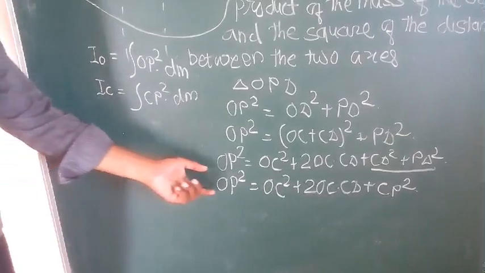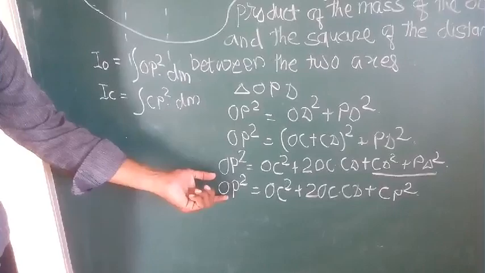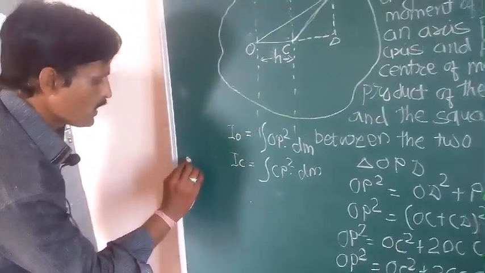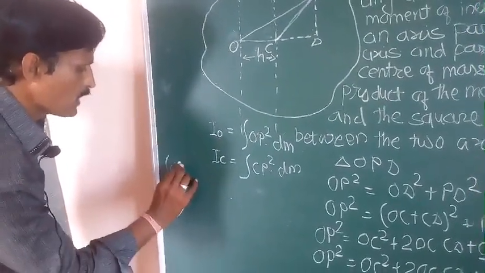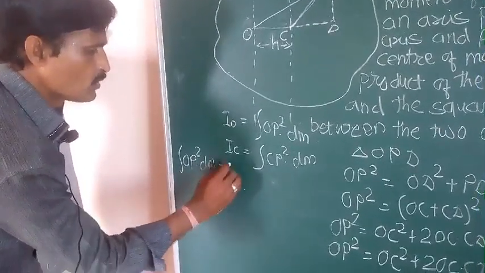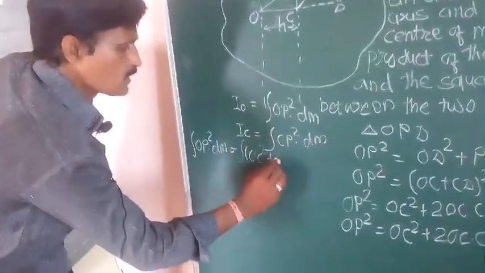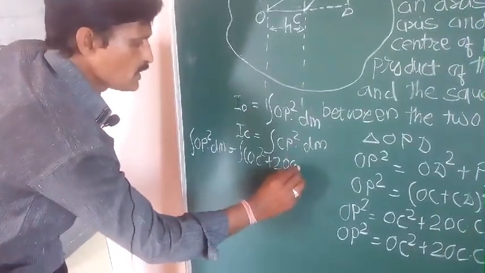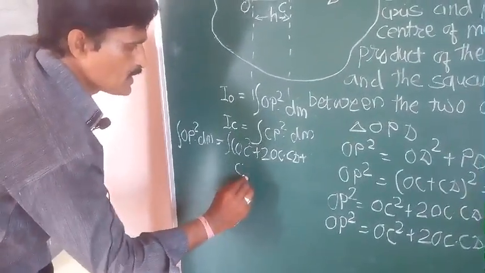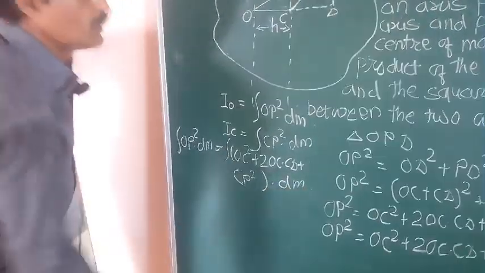Now integrating this equation on both sides and multiplying by dm, this equation becomes integration of OP square into dm is equal to integration of (OC square plus twice OC into CD plus CP square) into dm.